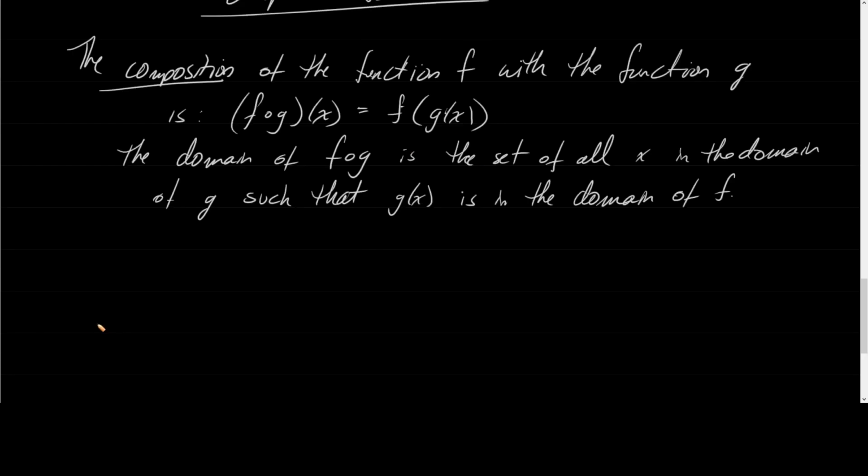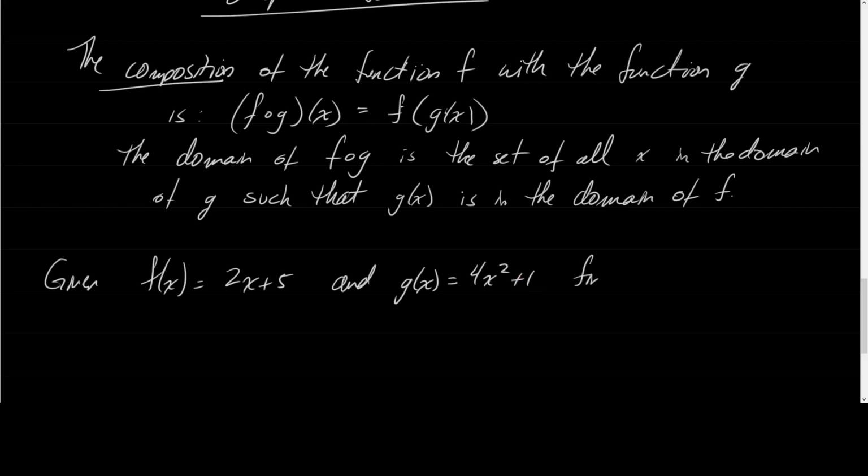So let's do some examples. Given f of x is equal to 2x plus 5, and g of x is equal to 4x squared plus 1, find the following.